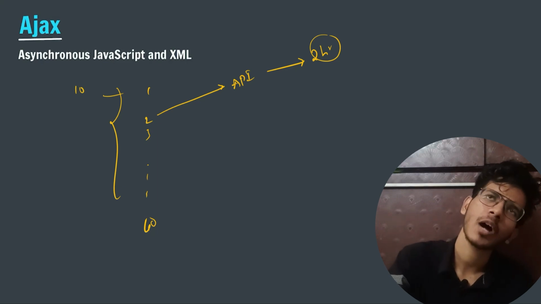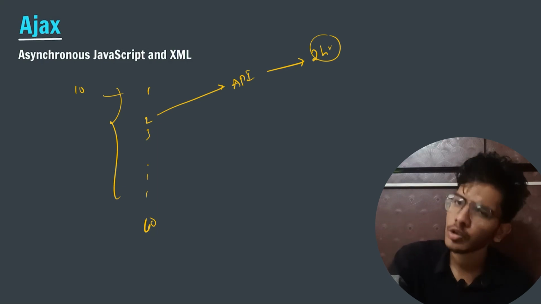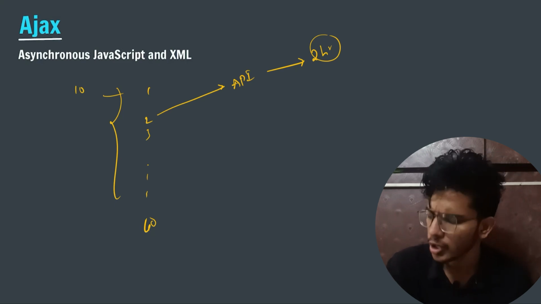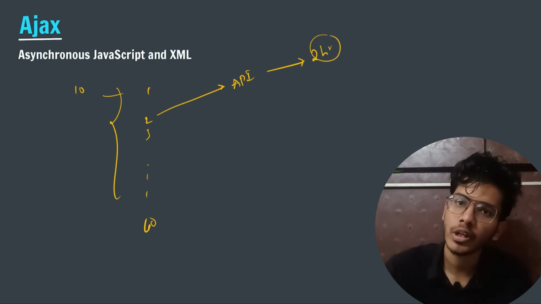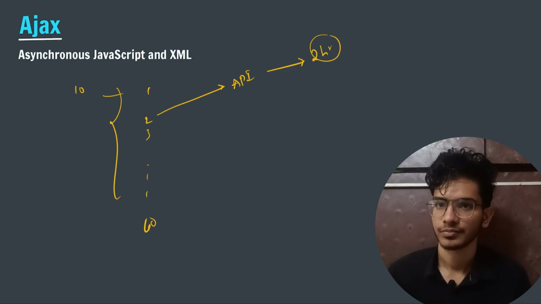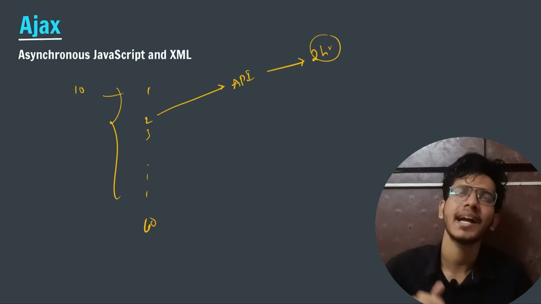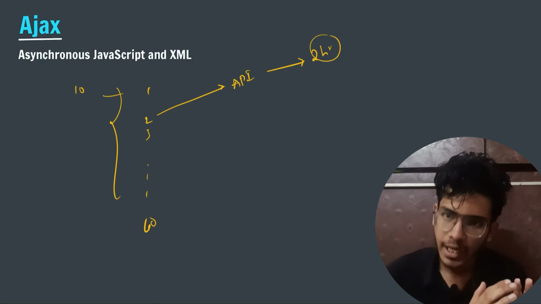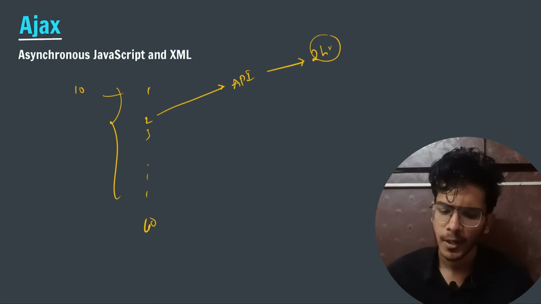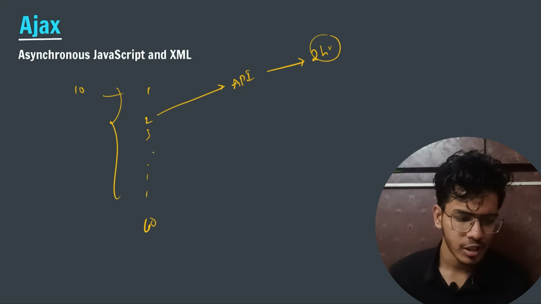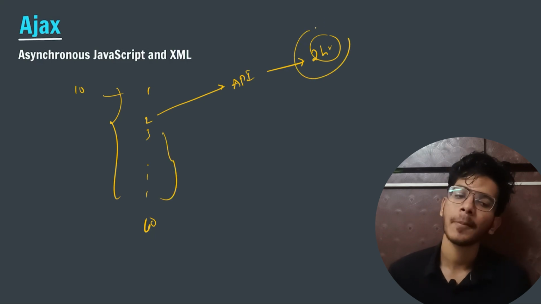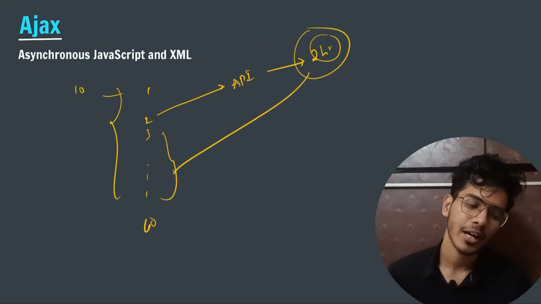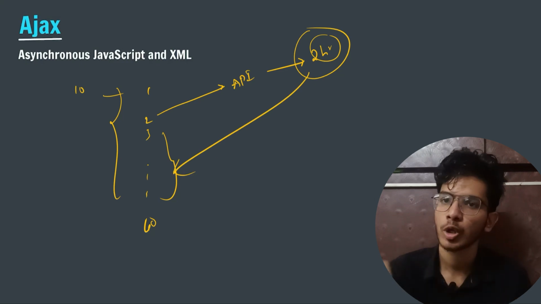You want to see reels, all these operations you want to do at the same time, so you can do that using AJAX. So what AJAX will do is that it will take the API and it will do its own work, but at the same time your code execution will continue, and whenever the API process gets completed, it will come back and return that thing to your JavaScript.